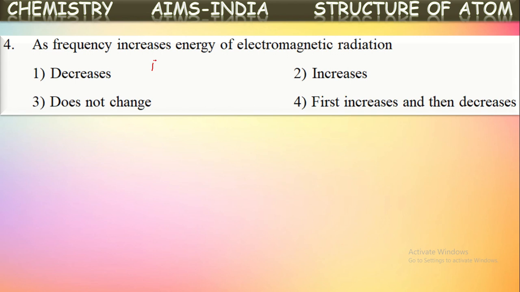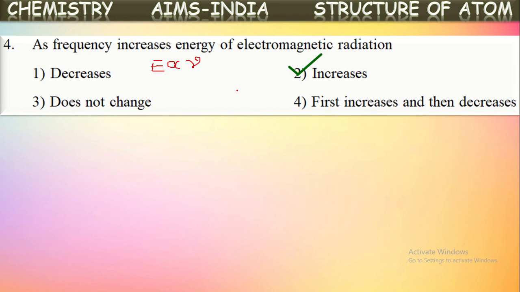So we can say energy is directly proportional to frequency. If frequency increases, energy of that radiation also increases. So where is the option now? As frequency increases, energy of the electromagnetic radiation increases because energy is directly proportional to frequency of the radiation.